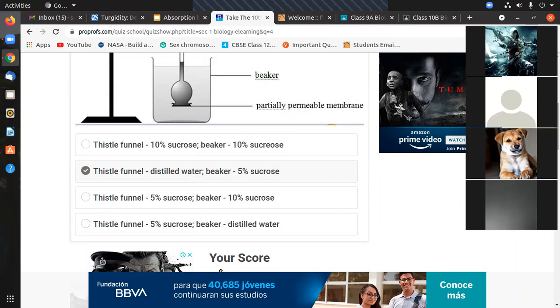Say it, Tanisha. I know the answer is the third option, but I don't know why. Maybe the last one. I'm not sure. But then why do you think so? So that would mean it's higher concentration inside the thistle funnel. And why it has to be higher?